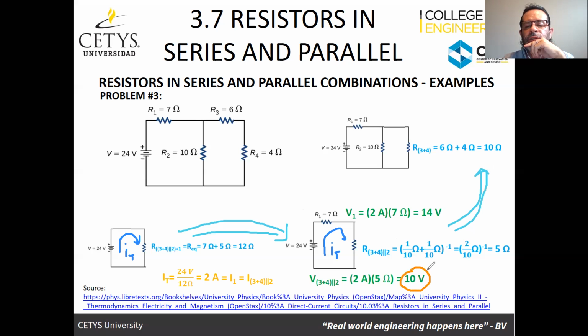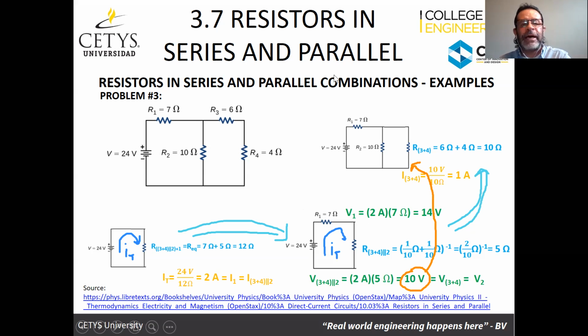So these 10 volts are going to be here. And these two are in parallel, so both of them are going to have the same voltage. And so we can calculate that voltage.